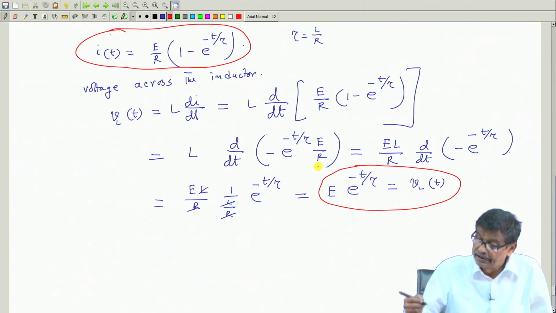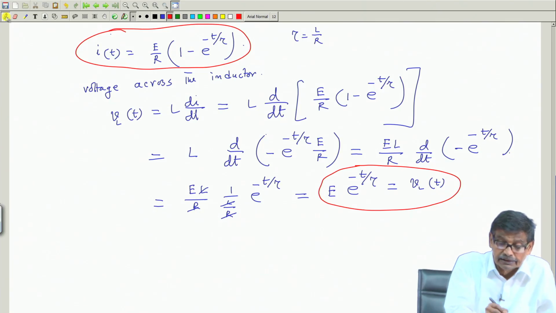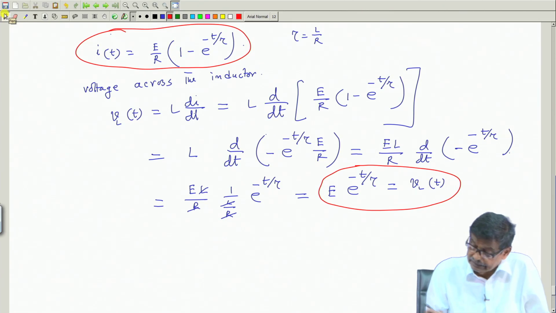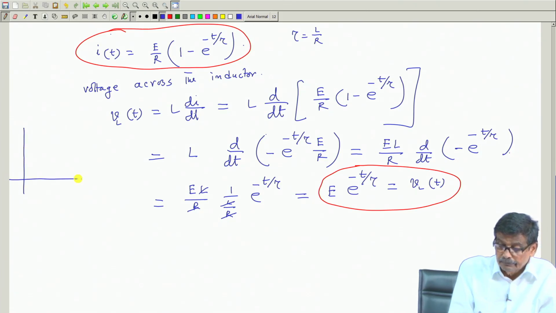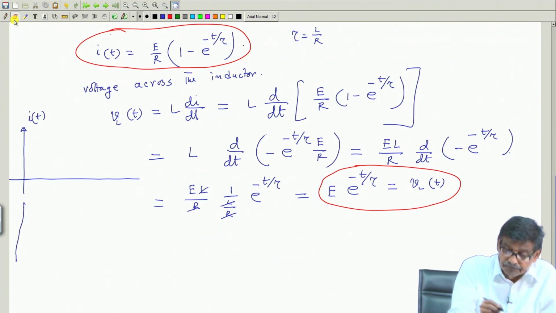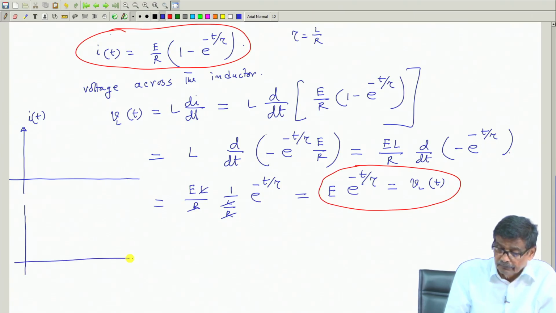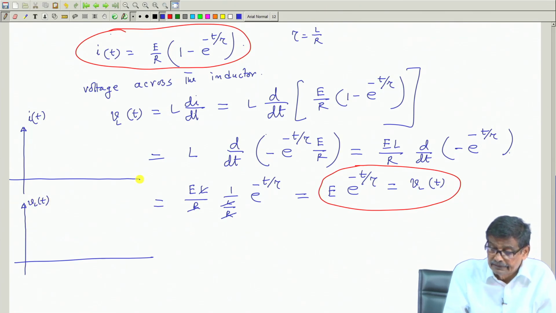If you sketch them one above the other, I sketch it like this: I(t) in the circuit, and also I would like to sketch V_L(t) against time.